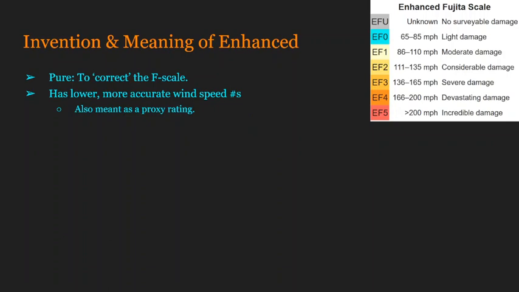The enhanced Fujita scale's meaning is simply to correct the Fujita scale. It has lower, more accurate wind speeds. We're talking that the maximum for EF4 is 200 miles per hour. Meanwhile, that was in the F3 range before. And again, this is meant as a proxy rating. This is not meant to be used while the tornado is in progress.